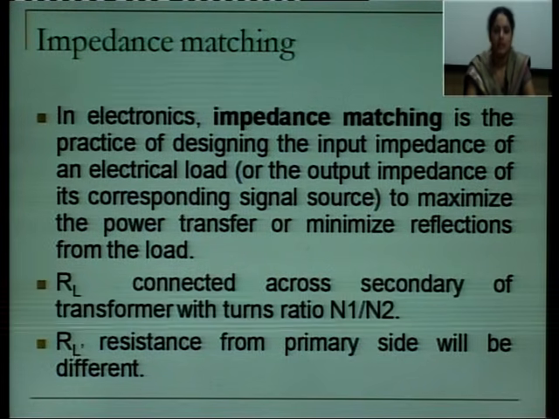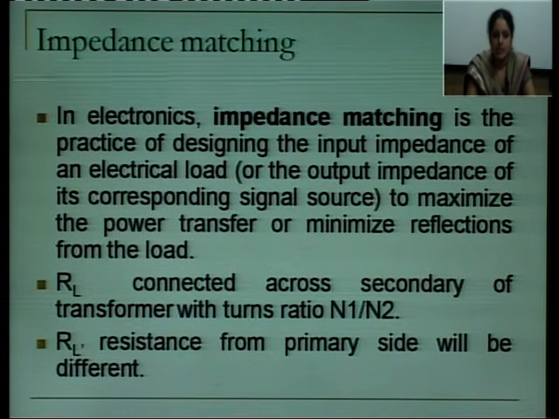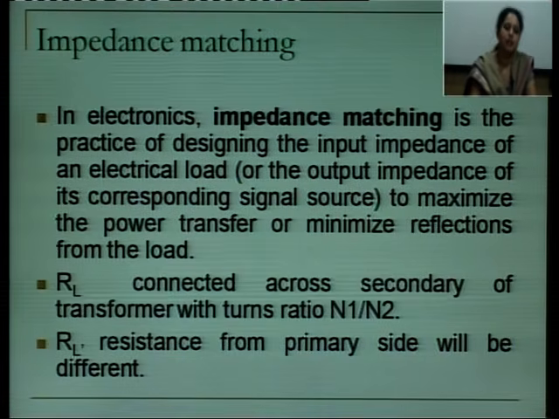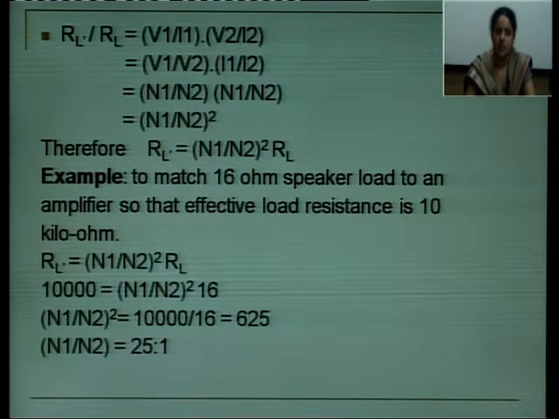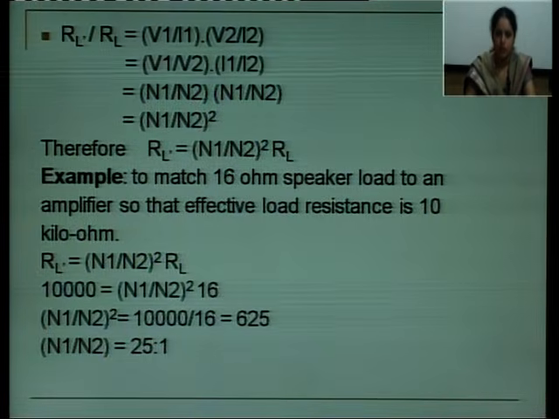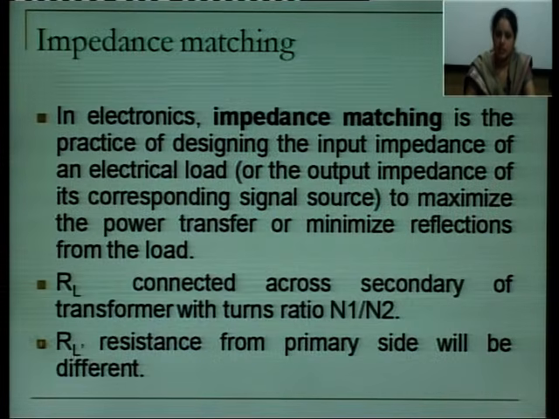So, RL is connected across the secondary of the transformer with turns N1 and N2. RL resistance from the primary side will be different. As you change your position to locate the resistance, your resistance value will change. So the resistance from the primary side has to be calculated now.